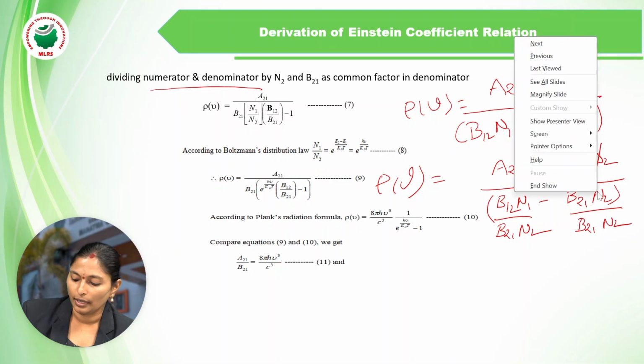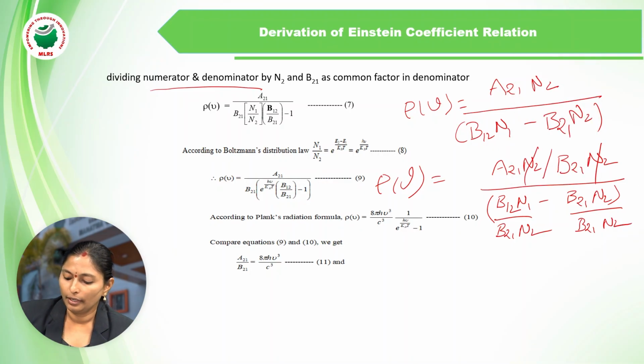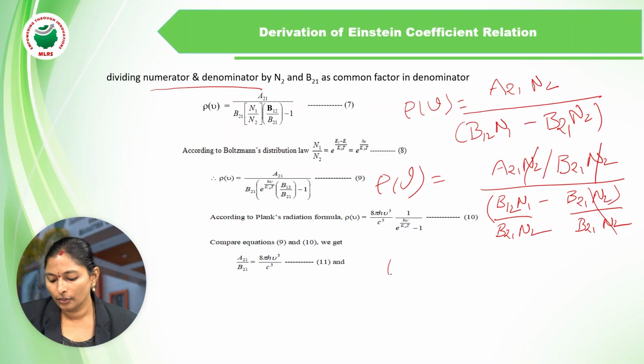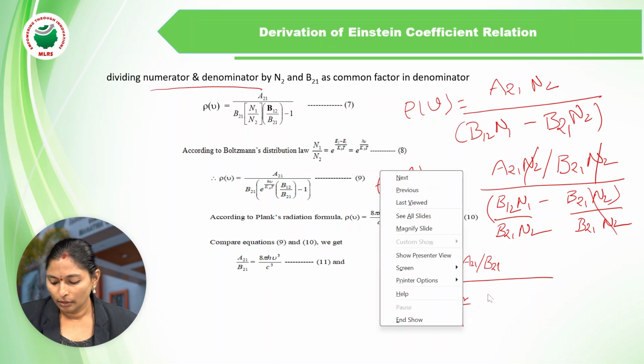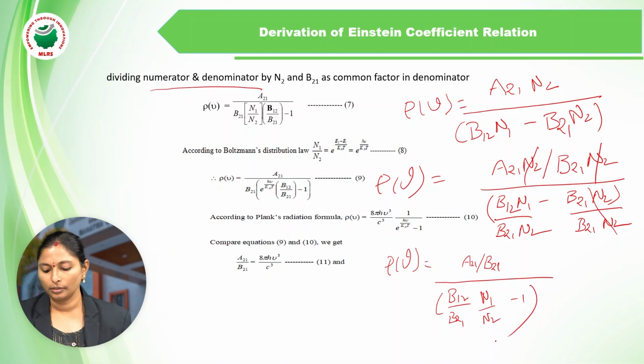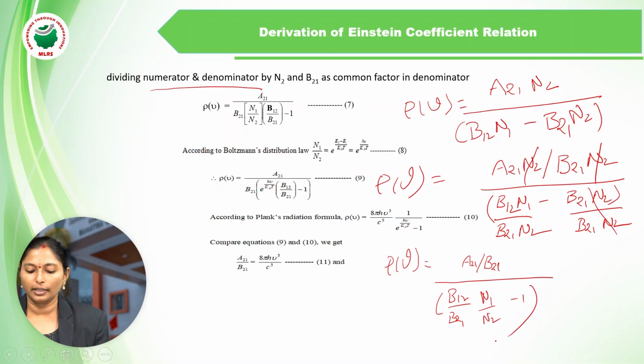In the numerator, N2 N2 cancel, whereas in the denominator this whole term is going to be cancelled. So now what is the relation? Rho nu equal to A21 by B21, over B12 by B21, N1 by N2 minus 1. We get this relation.